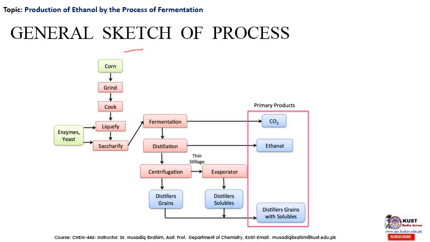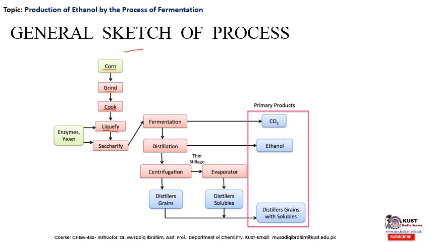Now the general sketch of the process is shown in this figure, in which you can see that first of all you have corn, which is subjected to the grinding step, then to the cooking step, and then to the liquefied state.